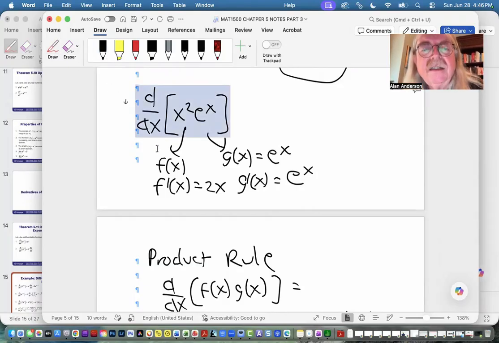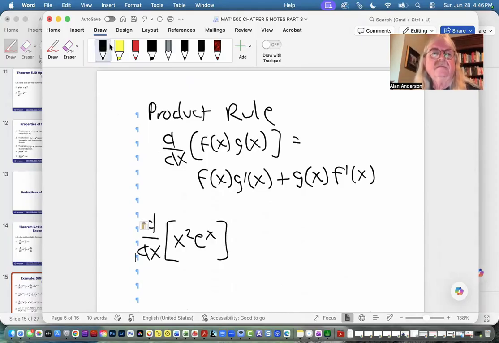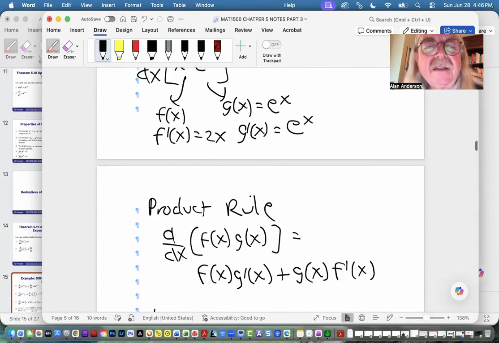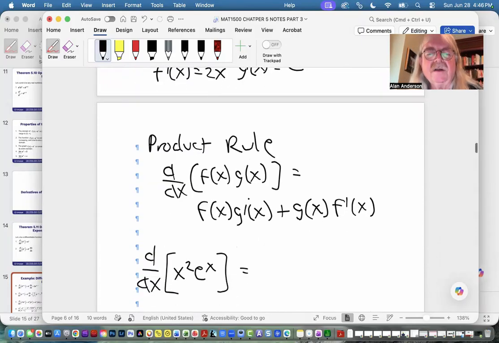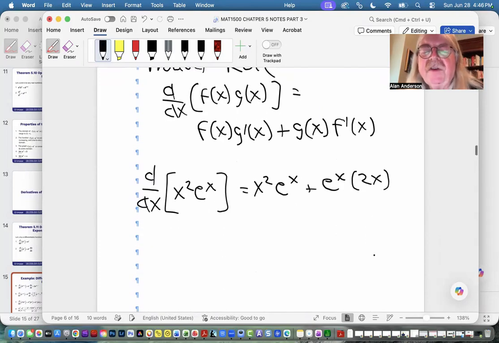So here's what we're going to do. We'll plug these into the product rule formula. All right, so once again, f of x is x squared. g prime of x is e to the x. g of x is e to the x. f prime of x is 2x. And we can simplify this a little by writing.